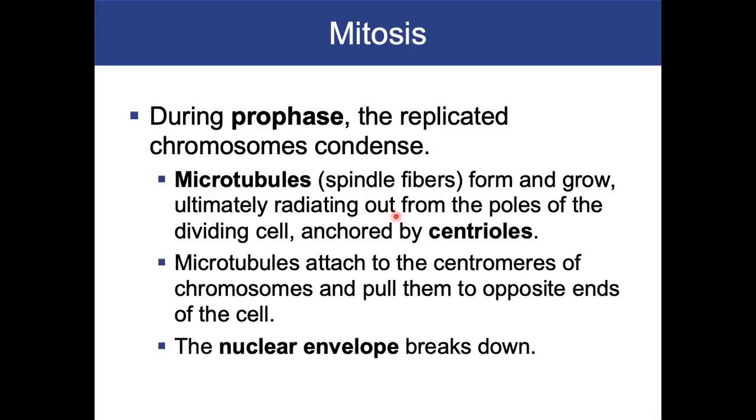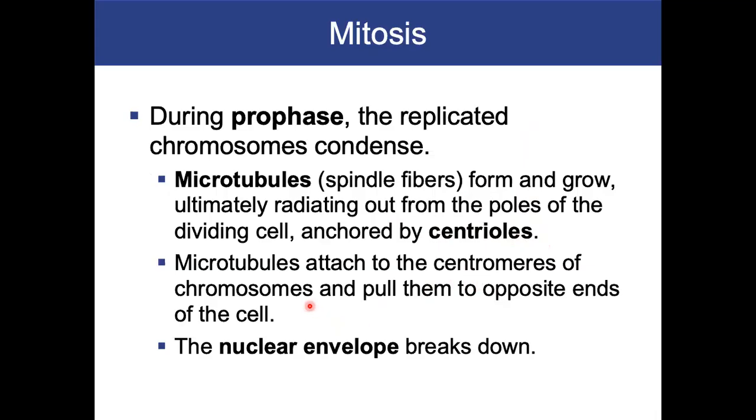Microtubules or spindle fibers form and grow from the centrioles, right? So do you remember those two centrioles? We had one of those centrioles migrate towards the North Pole and one migrate towards the South Pole. And then microtubules radiate from that, and the microtubules attach to the centromeres of the chromosomes.